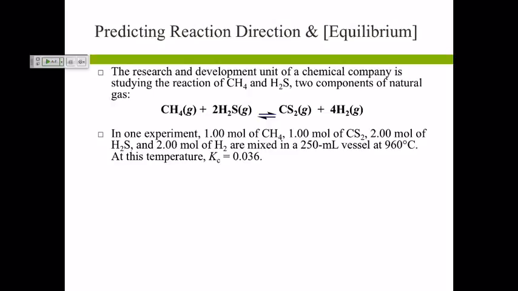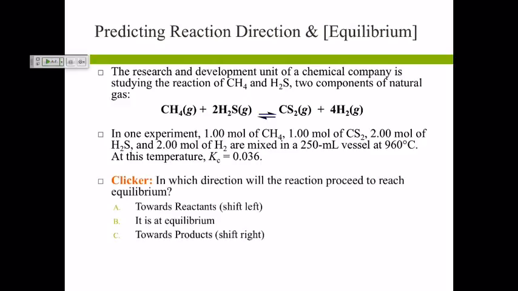In one experiment, 1 mole of CH4, 1 mole of CS2, 2 moles of H2S and 2 moles of H2 are mixed in a 250 milliliter vessel at 960 Celsius. At this temperature, the equilibrium constant K is 0.036. So I want you guys to determine what direction this reaction is going to go.